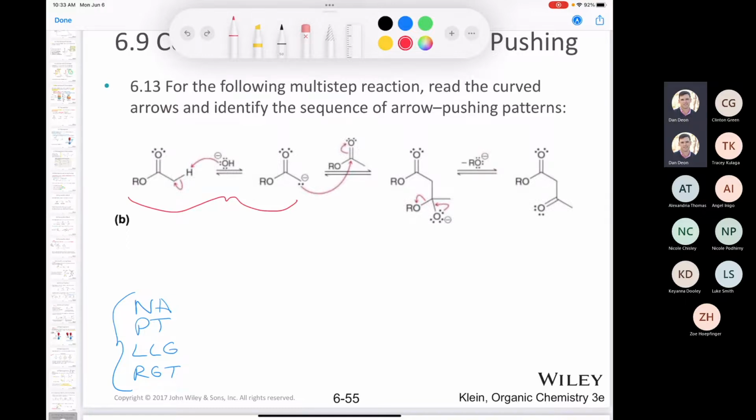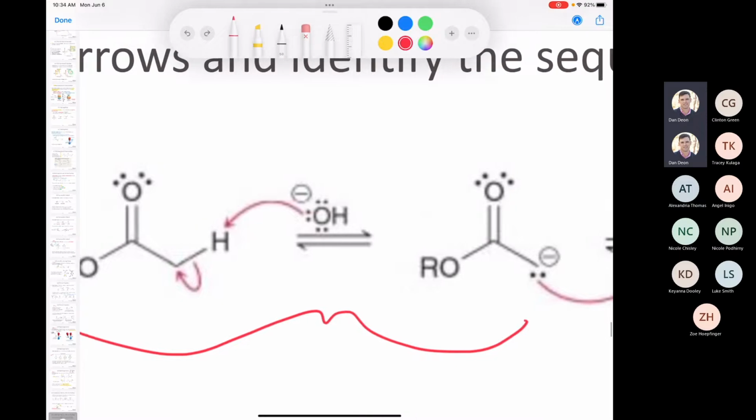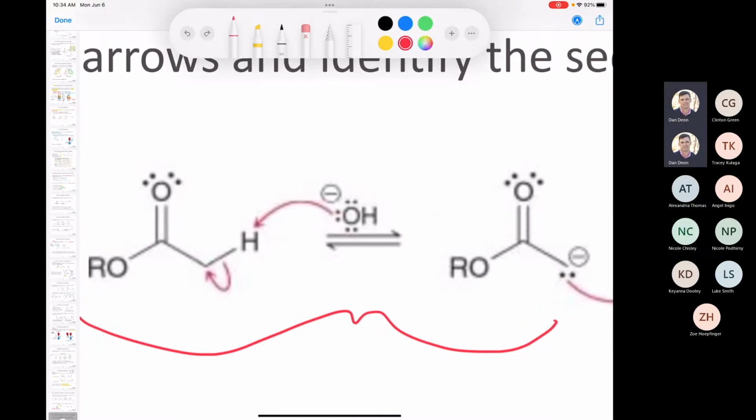Could anybody tell me what's going on right here with these two curved arrows? What does that look like to you? A proton transfer, nucleophilic attack, loss of leaving group, or a rearrangement? Anybody have an idea? Is there a particular atom that's being transferred as we go from here to here? What's the atom that's involved?